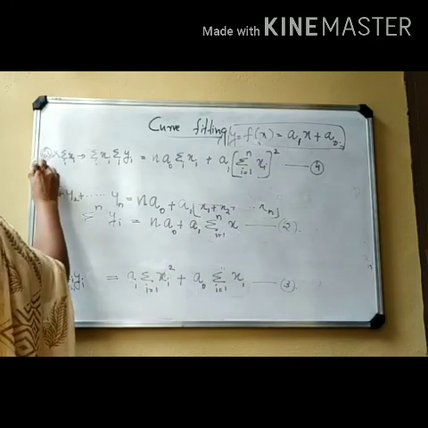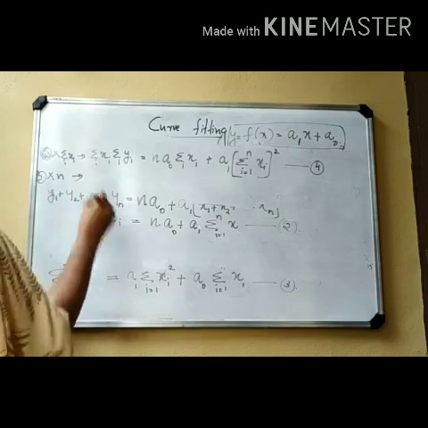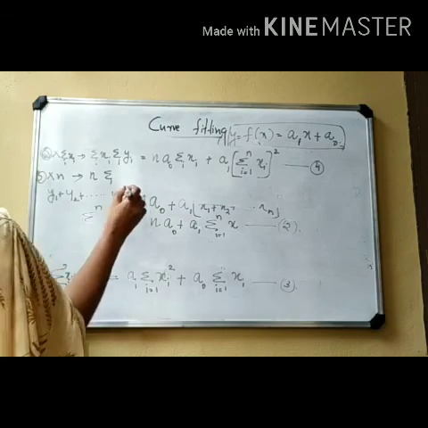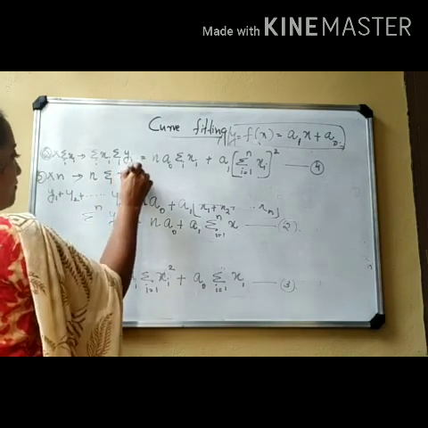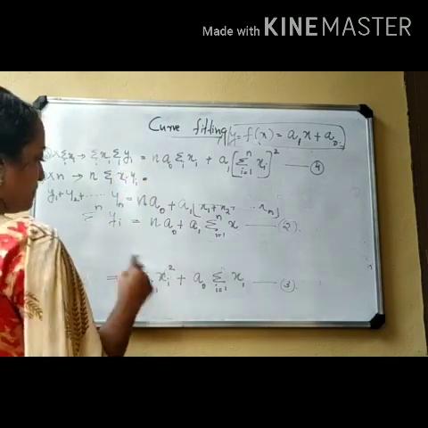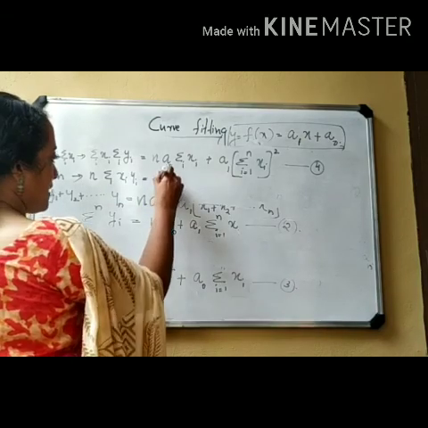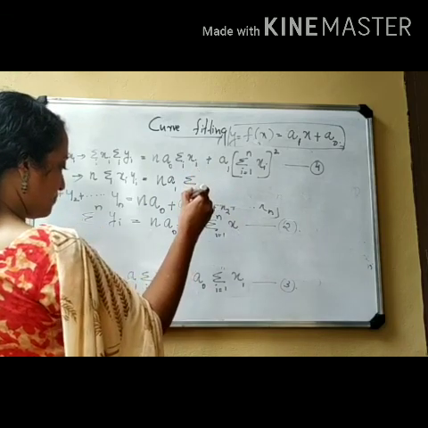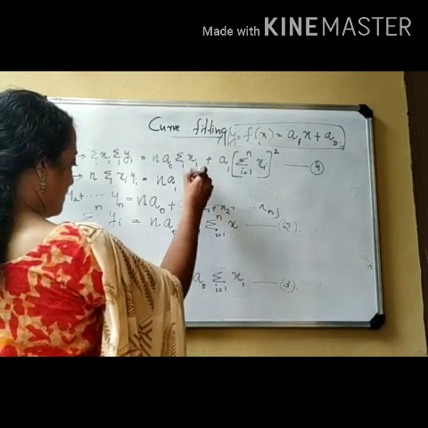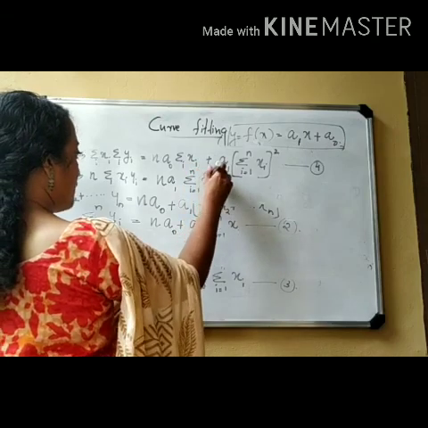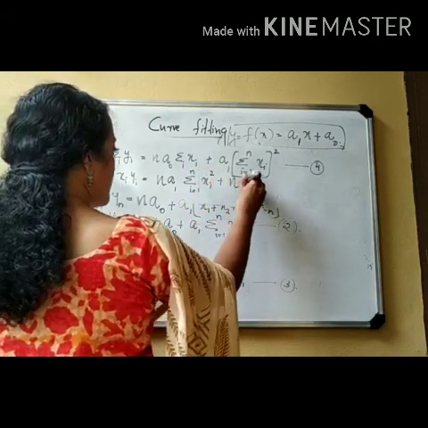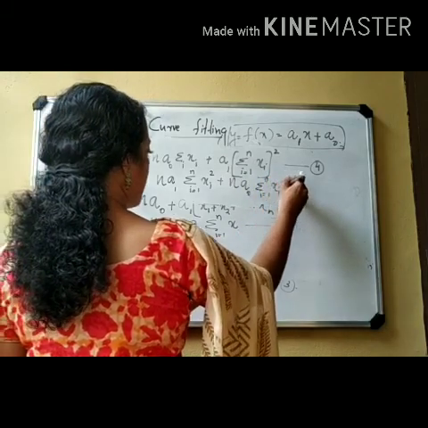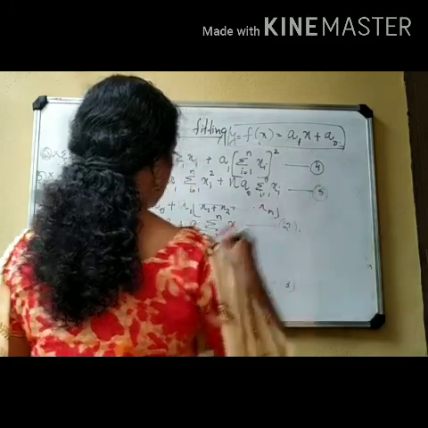Equation 3 into n gives n times sigma i xi yi is equal to n times a1 sigma i equals 1 to n xi square plus n times a0 sigma i equals 1 to n xi. This may be marked as equation number 5.